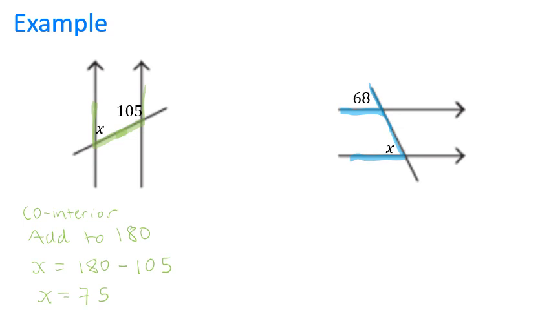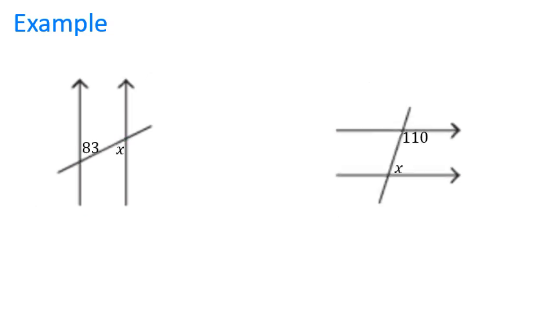Our next one here, drawing the corners. I can see it makes the F shape again, which is corresponding. Corresponding are equal. So x equals 68. Last two, I'm going to do the exact same thing.